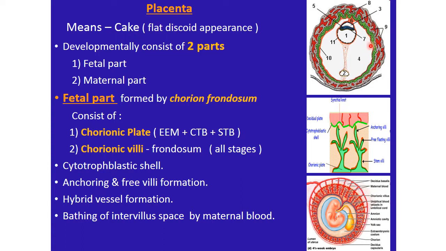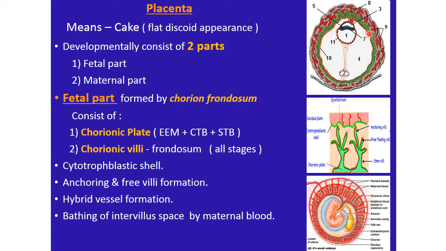These are the somatic, this red layer, is the somatic layer of the extraembryonic mesoderm. The other one is the splanchnic layer which covers the yolk sac. And these two layers are formed by the splitting of the extraembryonic mesoderm during the formation of the chorionic cavity. So the innermost layer of the chorionic plate is the somatic layer of the extraembryonic mesoderm.